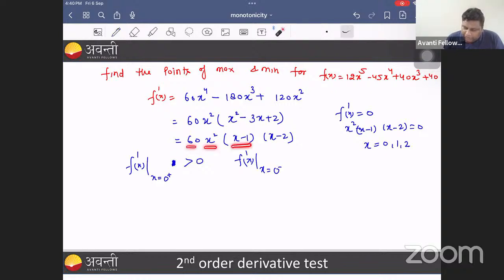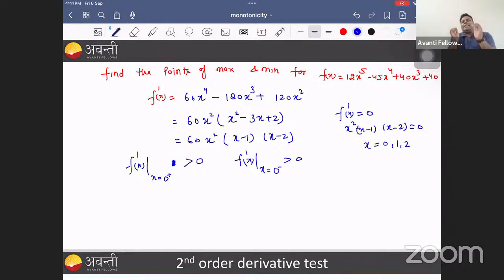Positive, positive, negative, negative. Ultimately, the overall product is what? Positive. So now, see, in the neighborhood of x equals 0, the derivative is not changing its sign.